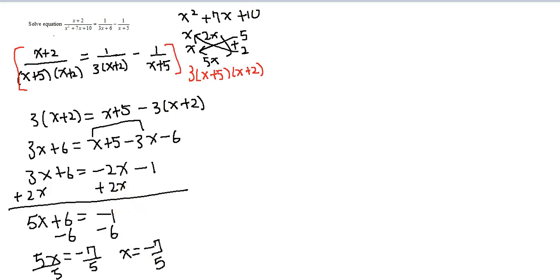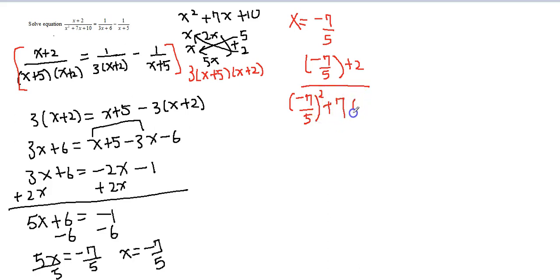Now we would like to verify this answer by plugging it back into the original equation and finding out whether the left is equal to the right. So let's do that. You got minus 7 over 5 plus 2, over minus 7 over 5 squared plus 7 times minus 7 over 5 plus 10.